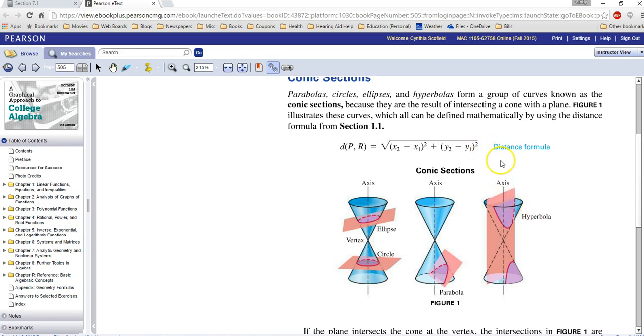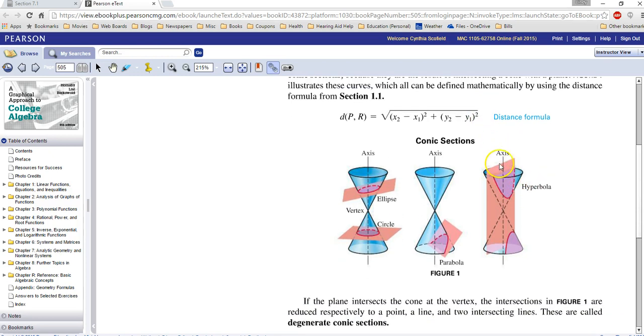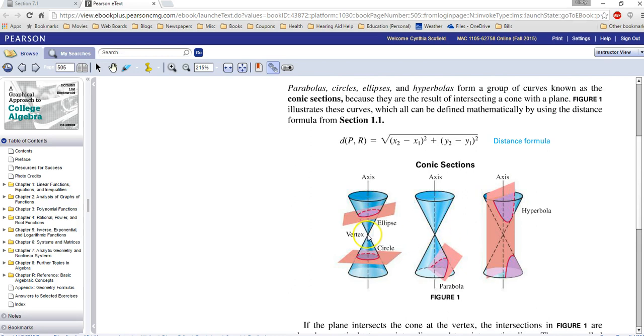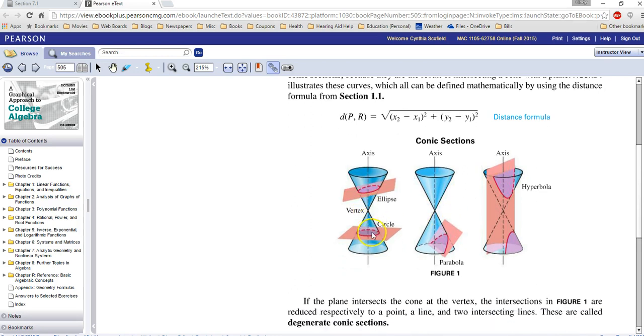Now, if you were to intersect right there where the two meet, you would just have a point. If you intersect right along the edge here, the intersection of the plane with that little section would be a line.